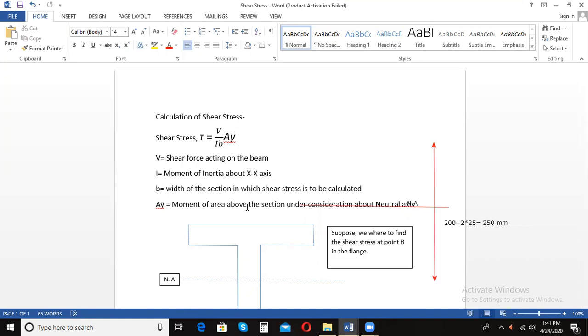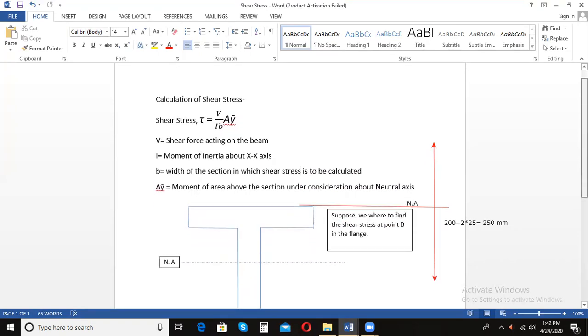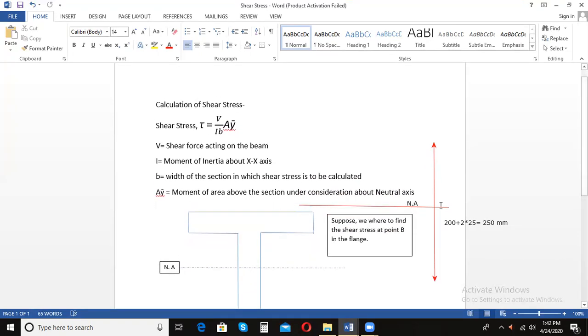I know it's a little confusing, but once you solve the I-beam problem, the concept of A Y bar will be clearer. So let's go back to the problem.